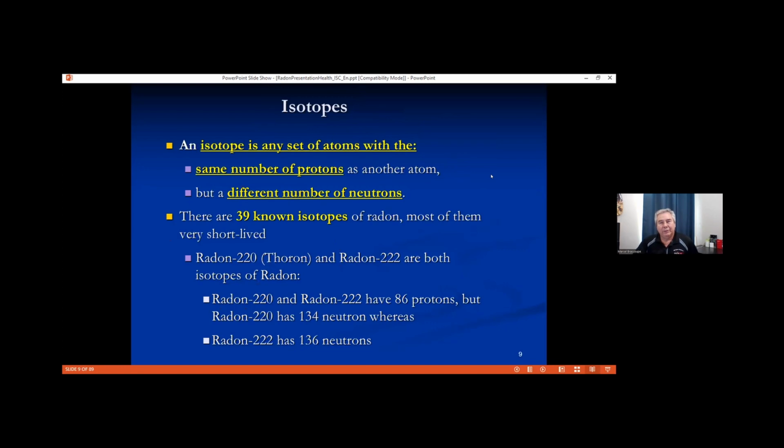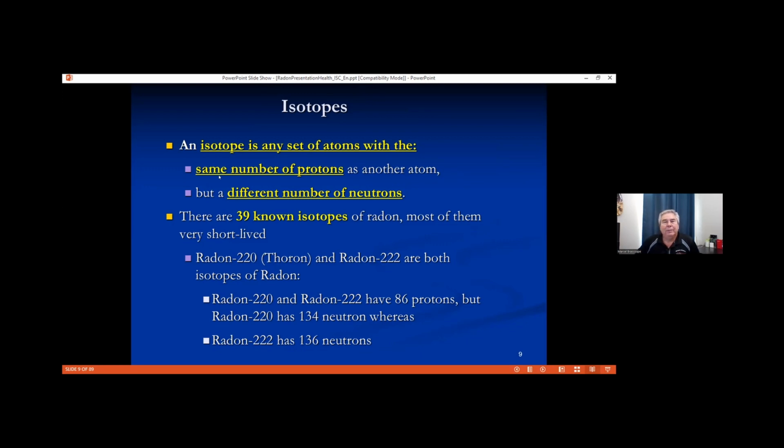We're going to talk about isotopes. Now, what is the definition of an isotope? An isotope is any set of atoms with the same number of protons as another atom. So in the case of radon, if we have several different types of isotopes, they would all have the same number of protons, which would be 86, because in order for us to call it a radon atom, they have to have 86 protons.